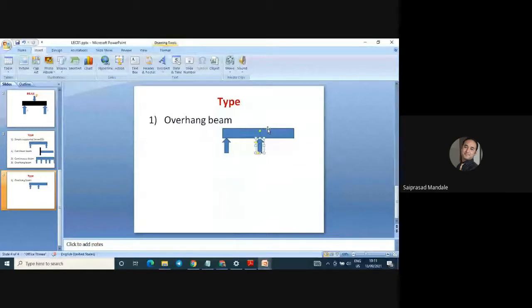My point is, basically, we will be looking at different types of beam. I'm going to revise. The first one is the simply supported beam.